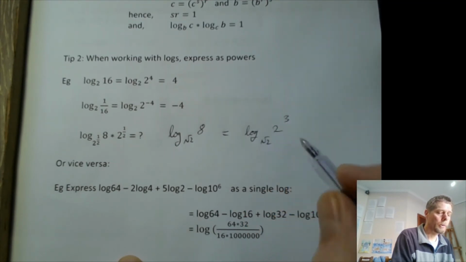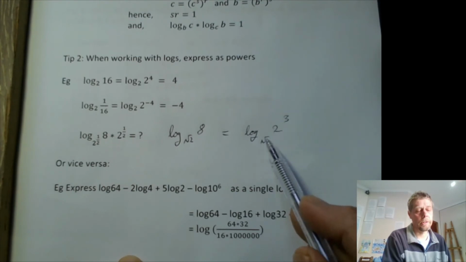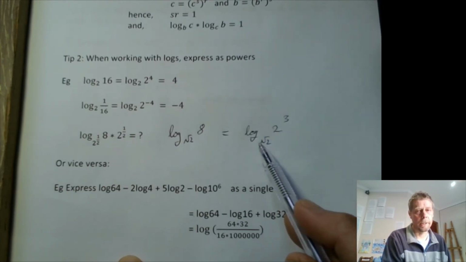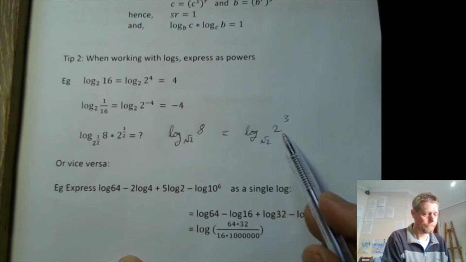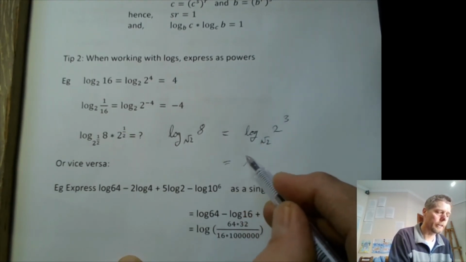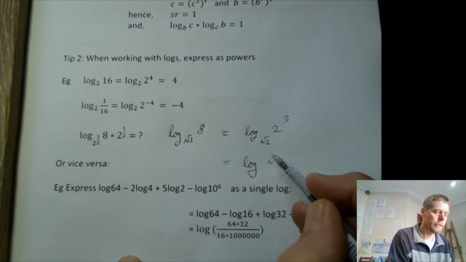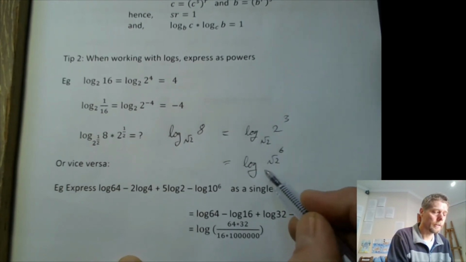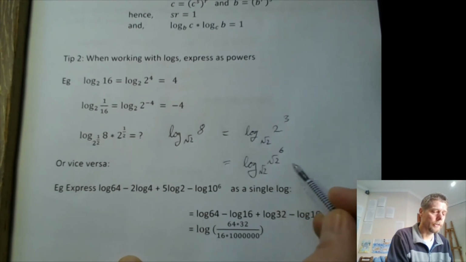It would be nice if we could express 2 as a square root of 2. Then we'd have 1, because the log of b base b is 1. And what we can do then is we can say log of square root of 2 to the 6 base square root of 2, and that's equal to 6.